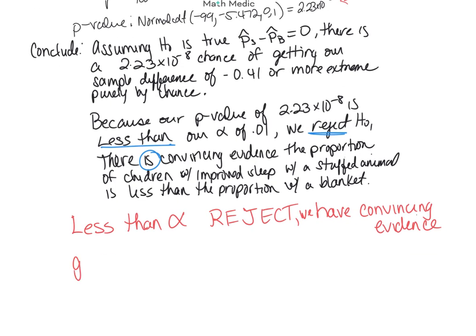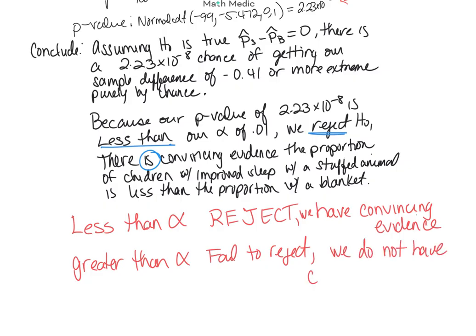If it's greater than alpha, we fail to reject, and we do not have convincing evidence.